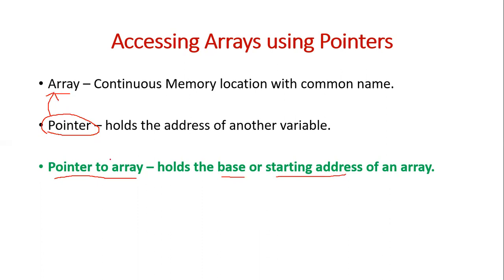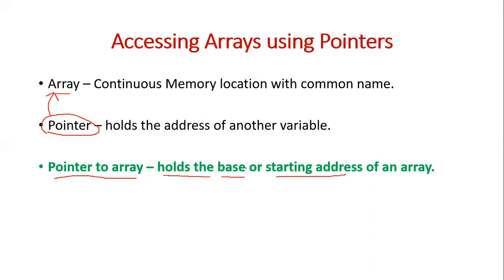First, you should create a pointer depending on the type of the array. If the array is an integer array, create int star p. If the array is a character array, create char star p. If the array is a floating point array, create float star p. That's it.